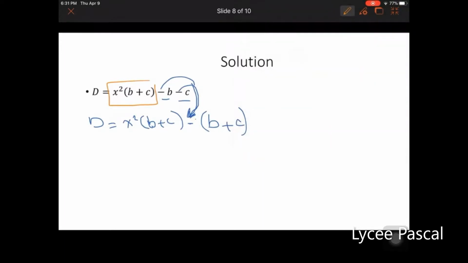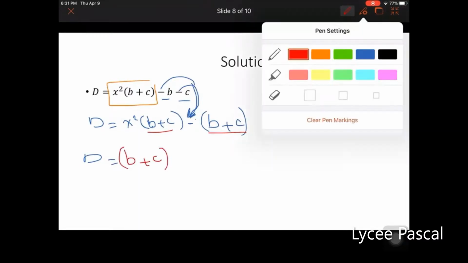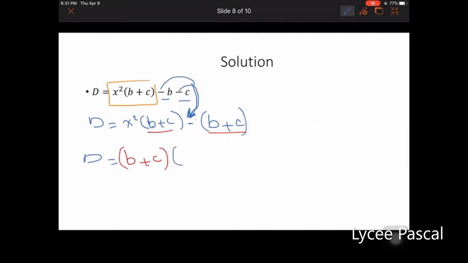Now pay attention, we can continue our factorization because in the second factor we have x squared minus 1. It's a factor containing two terms, x squared and 1, separated by minus, but 1 we can write as 1 squared, right? So here we can apply the identity that if we have a squared minus b squared, we can write it as a minus b into a plus b.